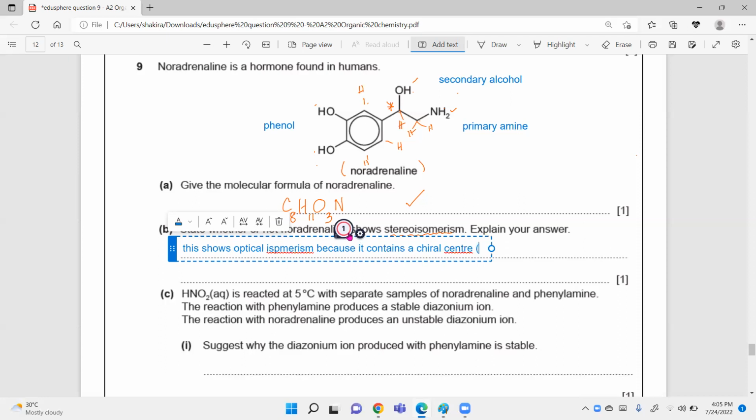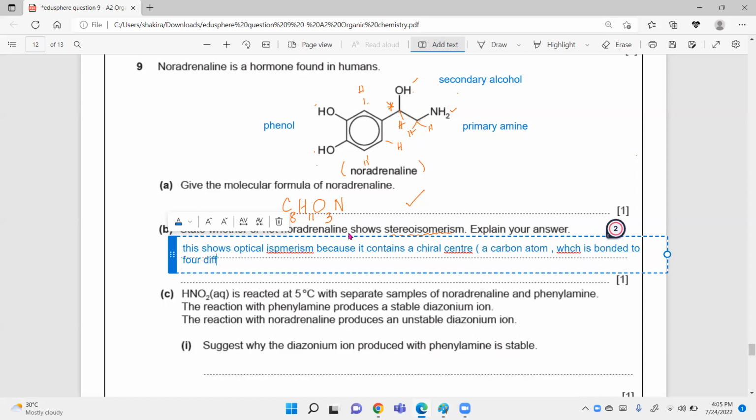We can write within brackets for you to learn also: a carbon atom which is bonded to 4 different atoms, four different groups of atoms.